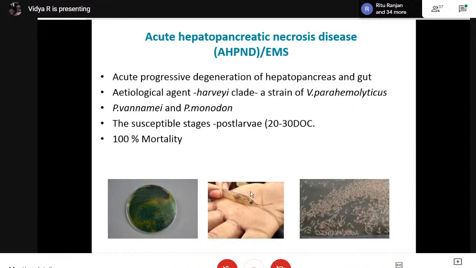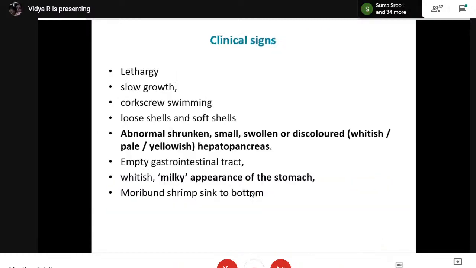But this parahaemolyticus carrying the toxin is causing early mortality syndrome in different countries. It is causing 100% mortality in shrimp, and postlarval stages from 20 to 30 DOC were susceptible, causing enormous mortalities in shrimp farms.